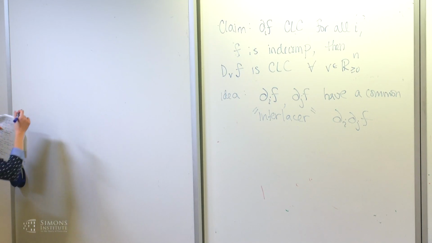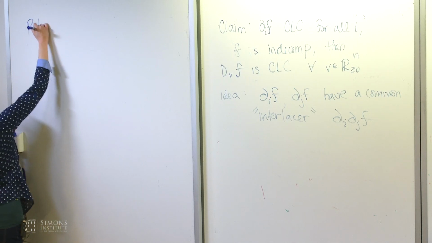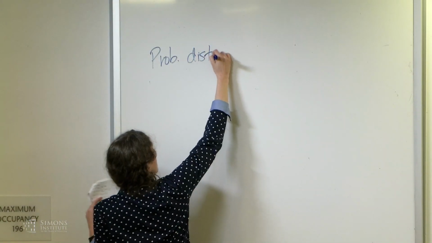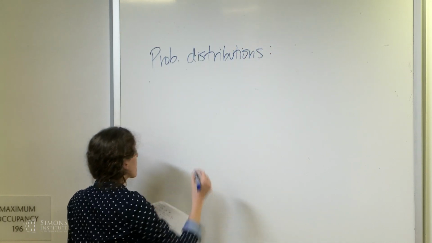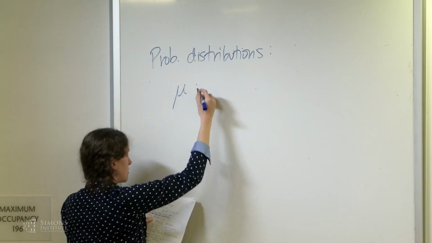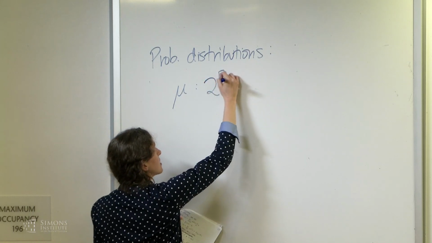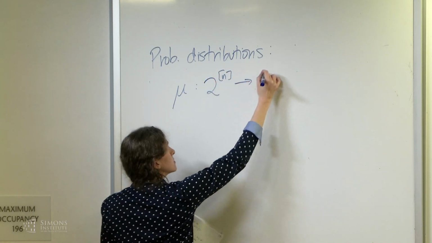So explicitly, we wanted to talk about probability distributions. Take some probability distribution on subsets of 1 through n.